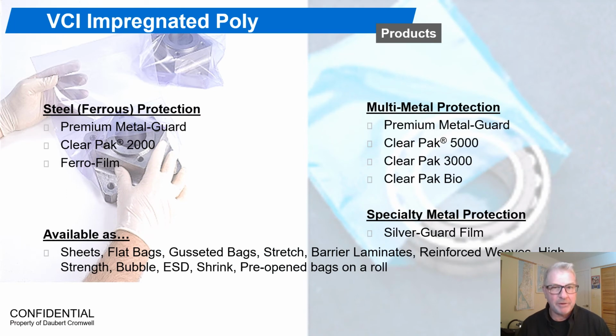Poly or polyethylene is a very popular packaging that we incorporate our VCI into. We do this in the extrusion process. VCI poly is versatile and available as sheets, flat bags, gusset bags, stretch, barrier laminates, reinforced weaves, high strength, bubble, ESD, shrink, pre-open, bags on a roll, the list goes on.